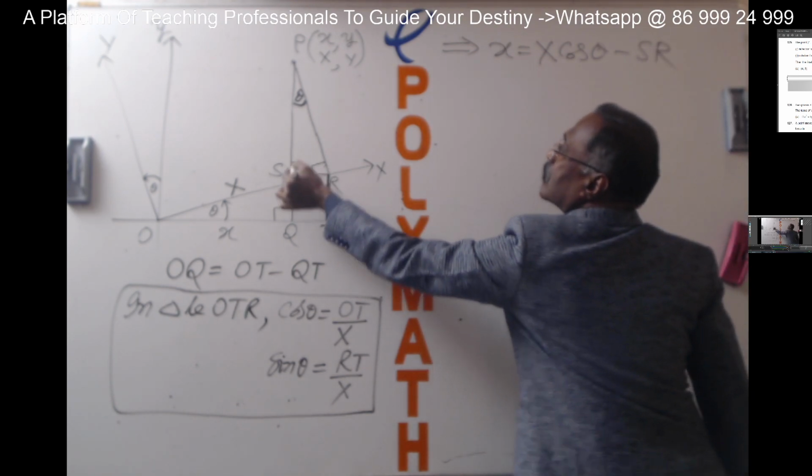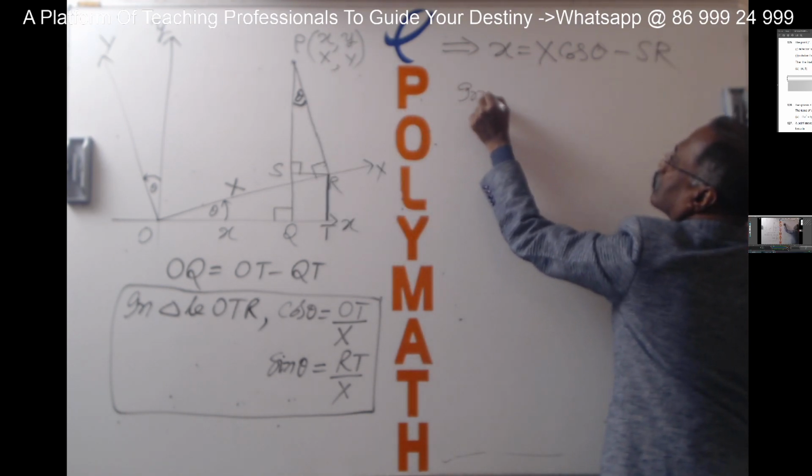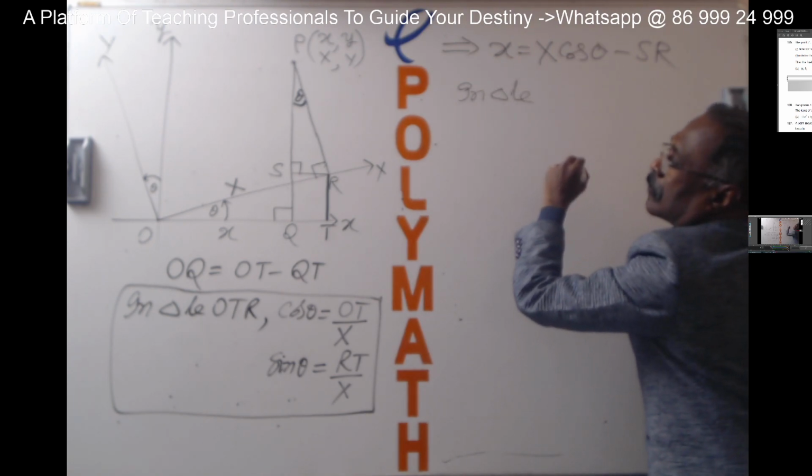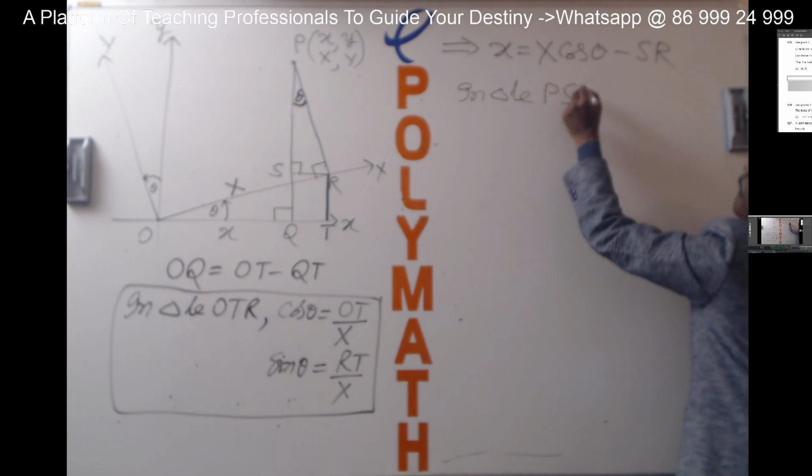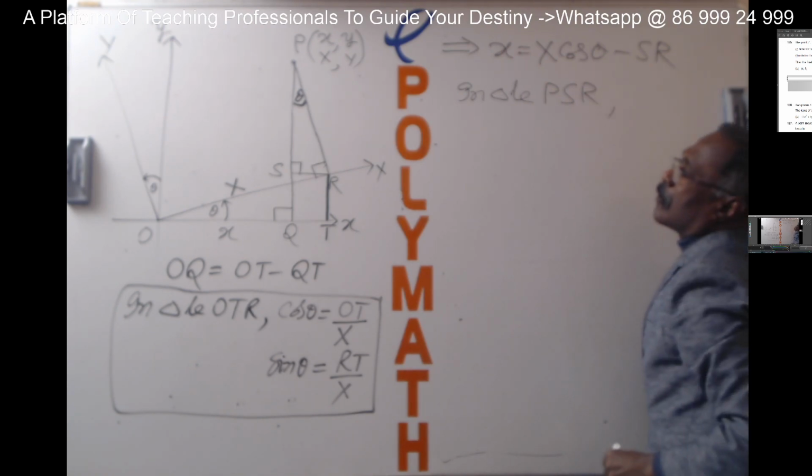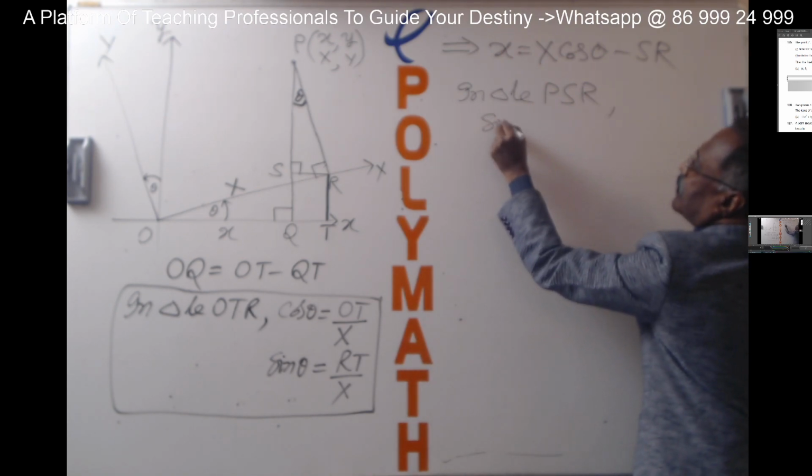This is SR, please. In triangle PSR, what is sin theta?